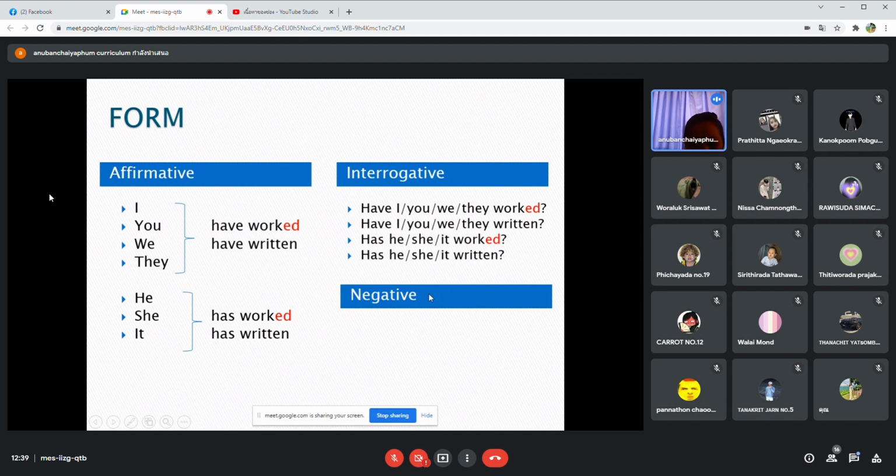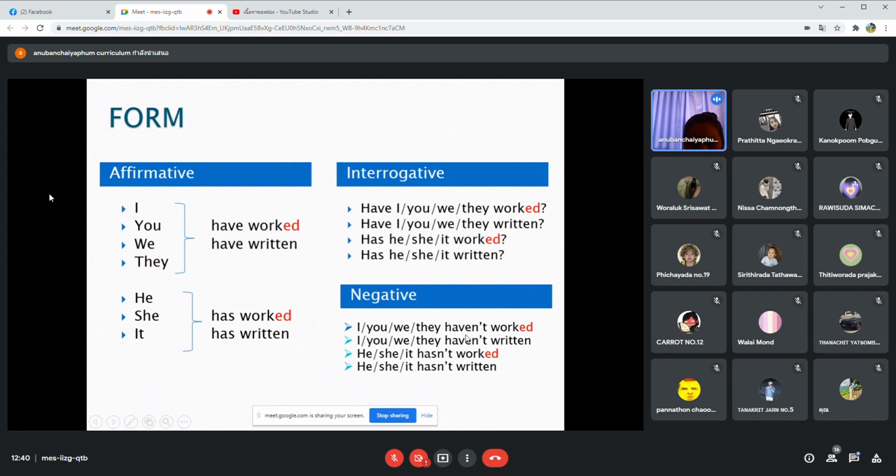How are we going to use negative? These are the examples. It's the same as affirmative. You start with your subject, I, or you, or we, or they. But your has or have will become haven't, or you add not to have. So in short, it will become have not, has not.